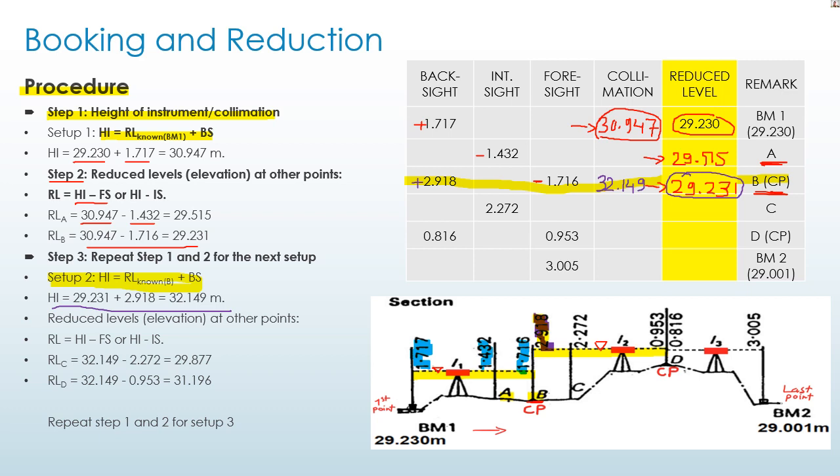And then calculate the reduced level of points C and D in this setup. With point C, reduced level equals height of instrument minus the reading at that point.